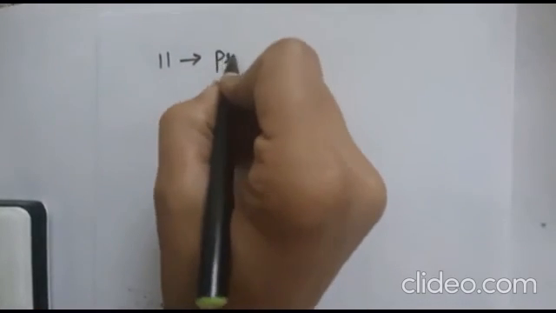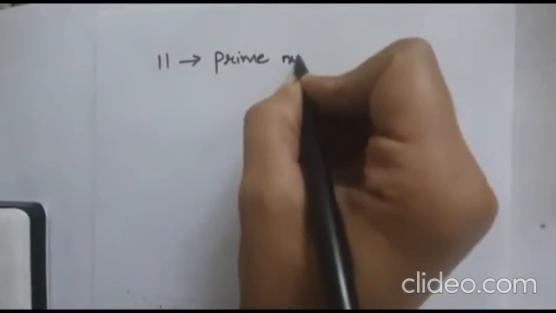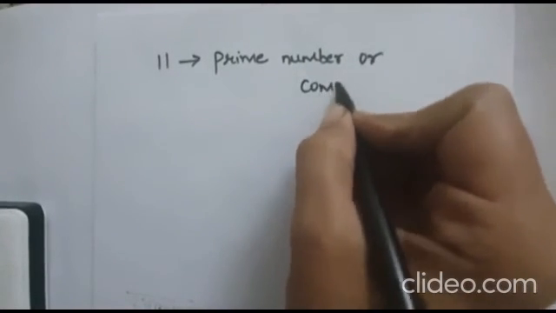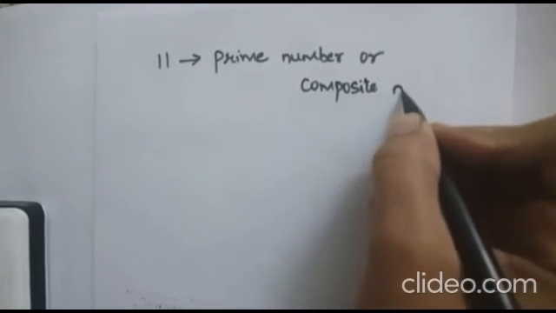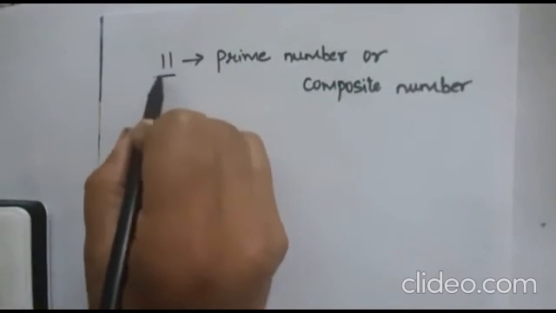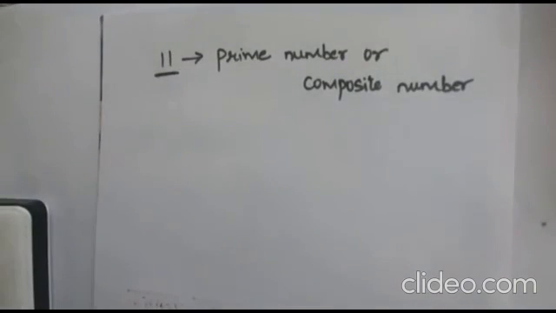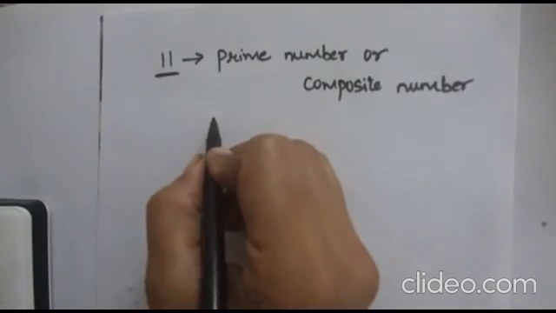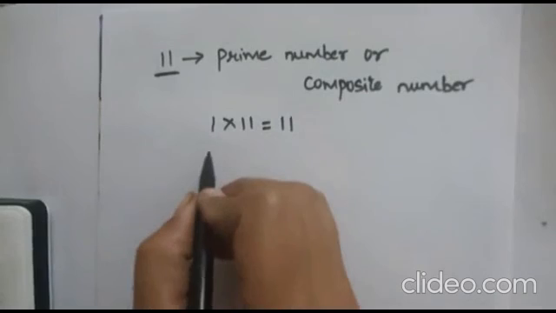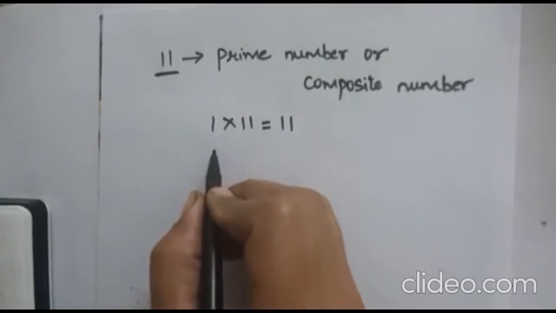Now, let us see whether 11 is a prime number or a composite number. Let us check. Let us find the factors of 11. 1 into 11 is 11. Then, in which table does 11 come?